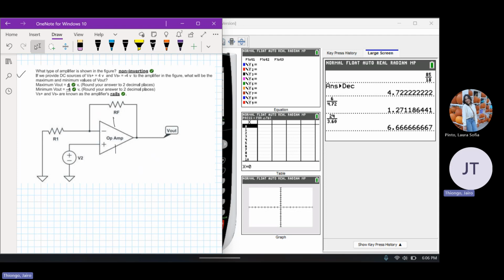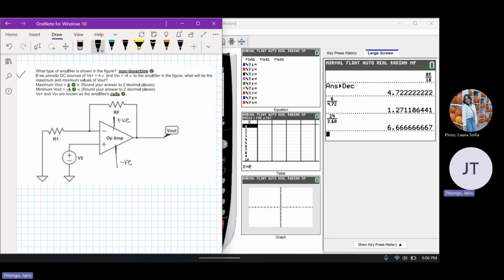We also have a question that says if we provide DC sources, V source positive equals 4 volts and V source negative equals minus 4 volts, what will be the maximum and minimum values of V out? In an op-amp, which students taking EEC 1202 may have done a lab on, as seen from the figures, it has two rails, a positive rail and a negative rail.